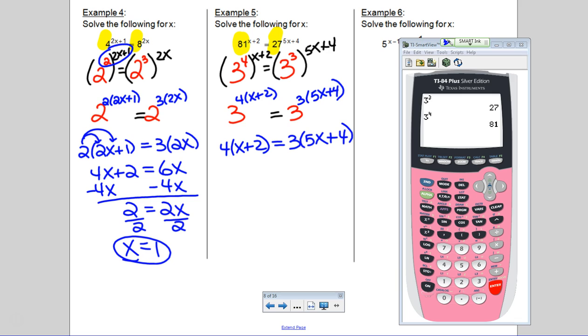Now I'm going to do regular solving rules. Distribute. All right, distribute again. And then just solve for x like you typically would.